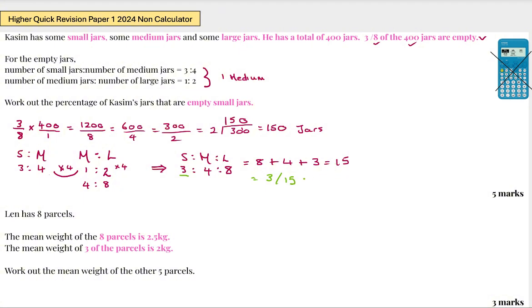So let's make this smaller. 3 divided by 3 is 1. So I've got 1/5 times 150 jars, which is our 3/8 empty jars, which gives us 30.